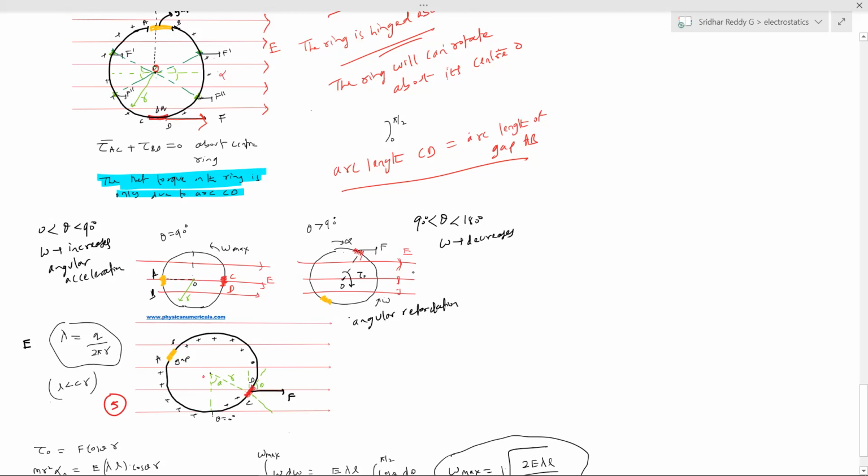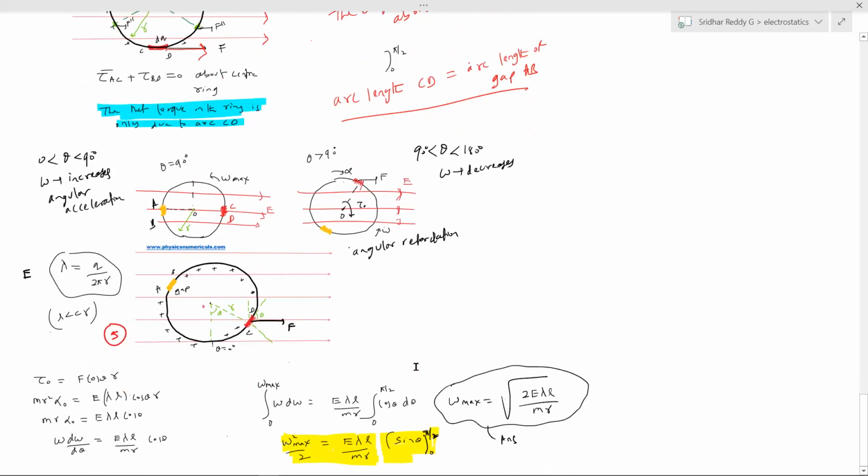Okay, it's asking for the maximum angular velocity. We have to calculate omega max. Okay, let me come to the sum.